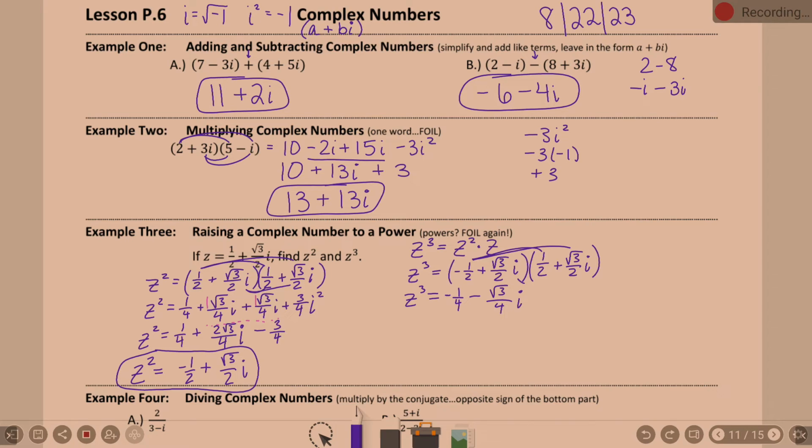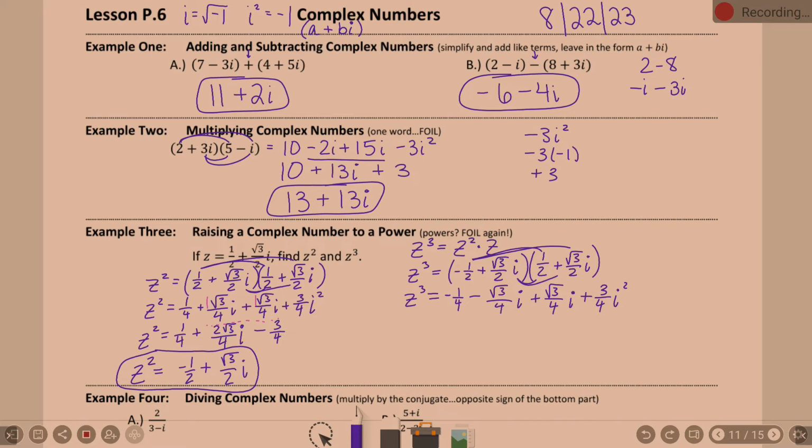Insides. Square root of 3 over 2 i times 1/2 is going to be plus square root of 3 over 4 times i. And last, square root of 3 over 2 i times square root of 3 over 2 i is going to become what? Plus 3/4 i squared. Okay. Clean up. The middle cancels.